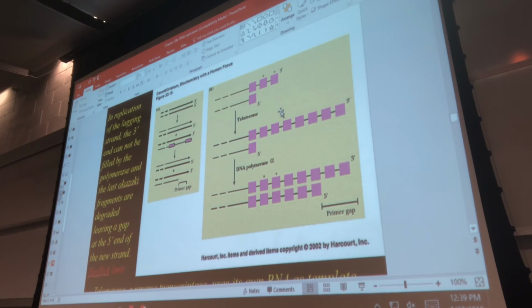All telomerase's job is to prevent the degradation of telomeres by extending the template strand so that you can finish replicating it. The enzyme in eukaryotes that is responsible for finishing the replication is specifically DNA polymerase alpha. So make sure you know that as well. All telomerase does is extend the template strand, but DNA polymerase alpha actually finishes replicating it.